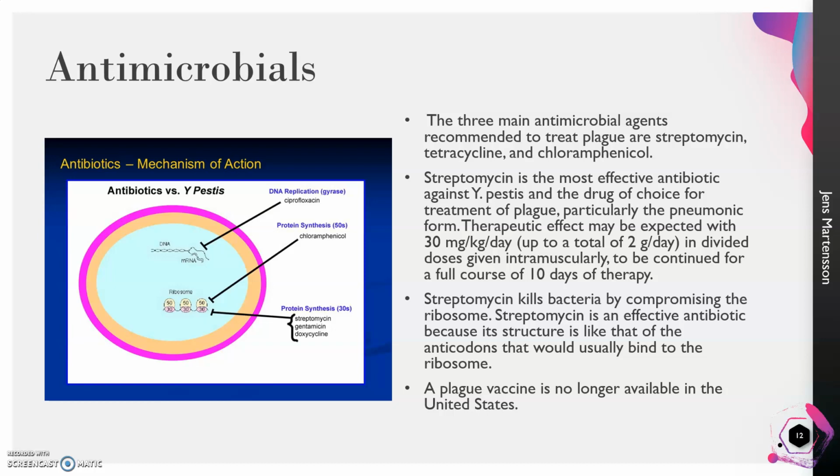The top antibiotic is streptomycin, which has been the most effective antibiotic to treat the plague. The therapeutic effect may be expected with 30 milligrams per kilo per day in divided doses given intramuscularly, meaning it's going to be injected into the muscle, and the full course of the treatment is 10 days.